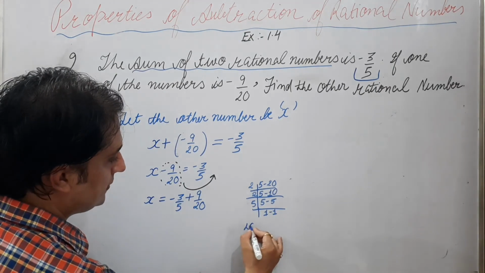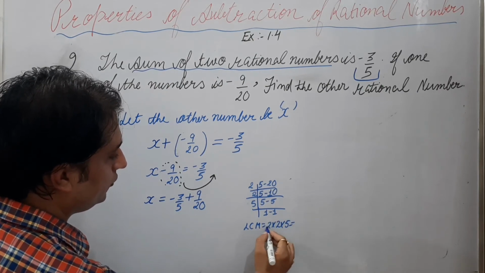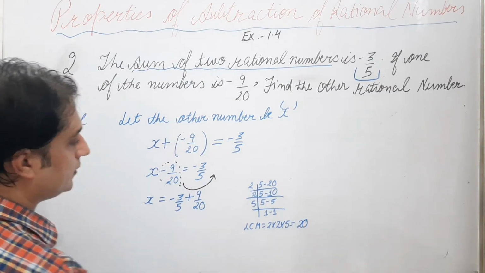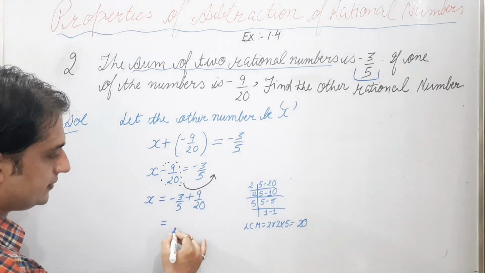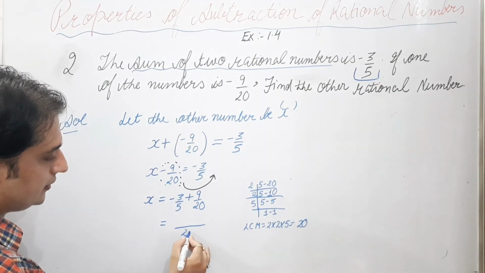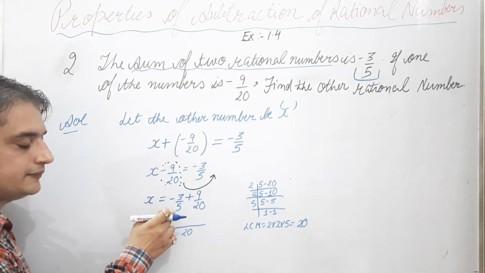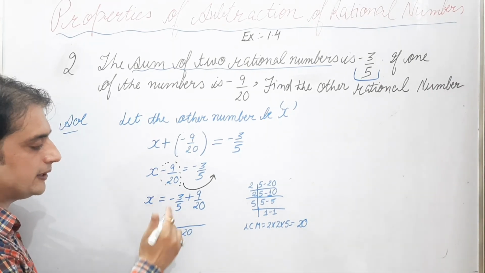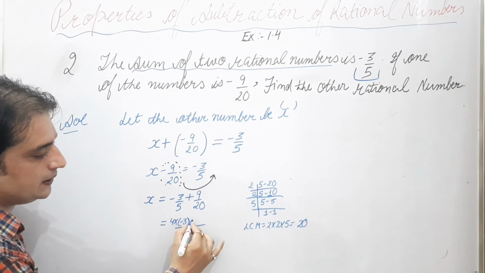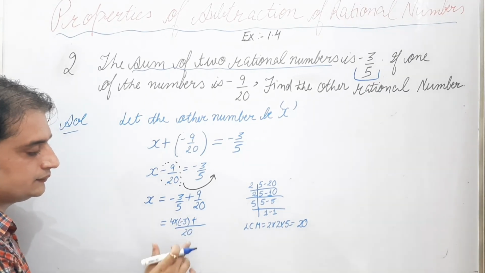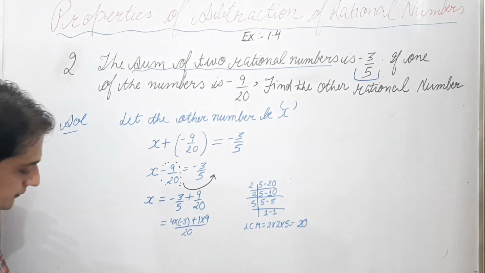So the LCM is 2 multiply 2 multiply 5, that is 2 2s are 4, 4 5s are 20. So 20 is the LCM of the two denominators. Write 20 in the denominator. 20 divided by 5 is 4, and 4 is to be multiplied with minus 3. Plus, same number, 20 divided by 20 is 1, 1 multiplied by 9 is 9.